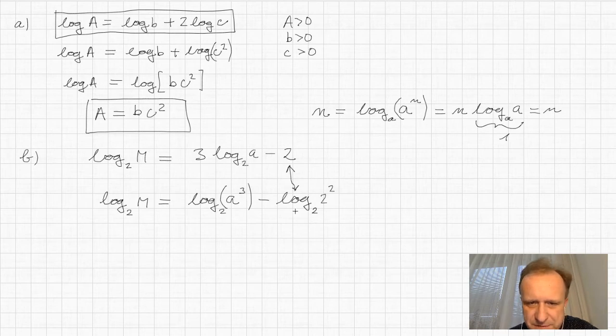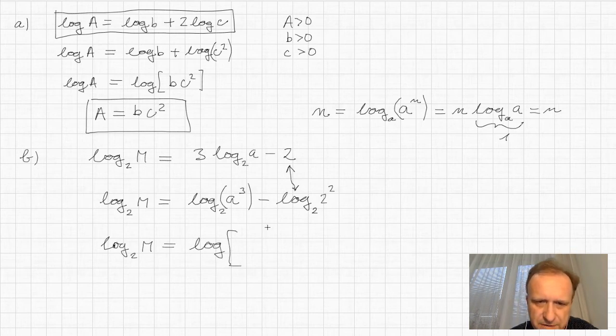Now I have the difference of two logarithms, so I can use the second logarithmic law to rewrite the right hand side. So let me copy the left hand side without any change. It's the logarithm in base 2 of m equals, and now I should have the logarithm of one single thing, and it's going to be the fraction.